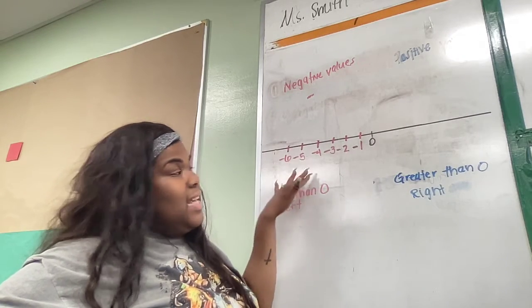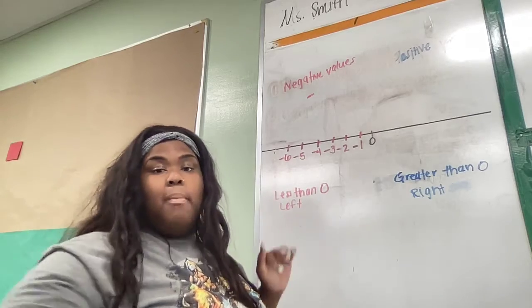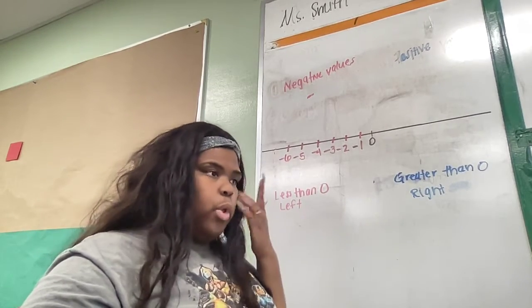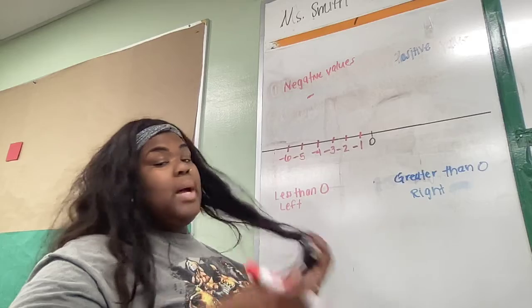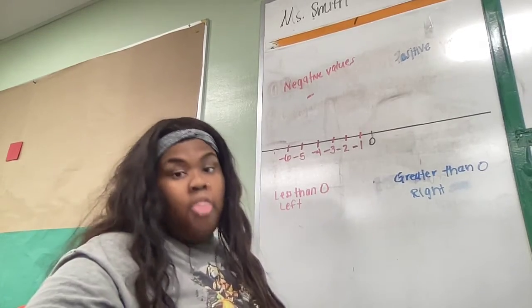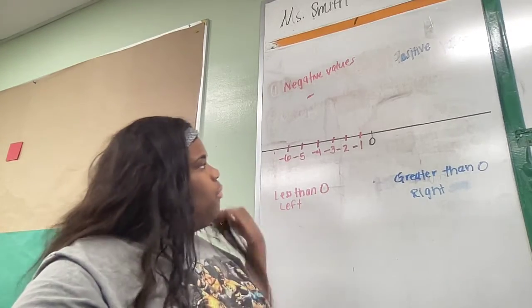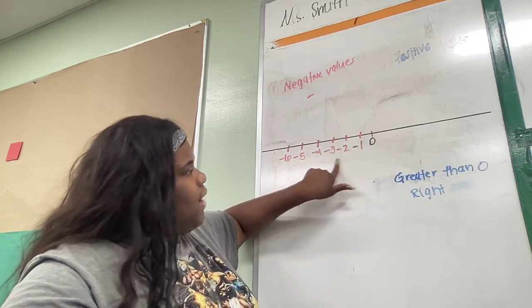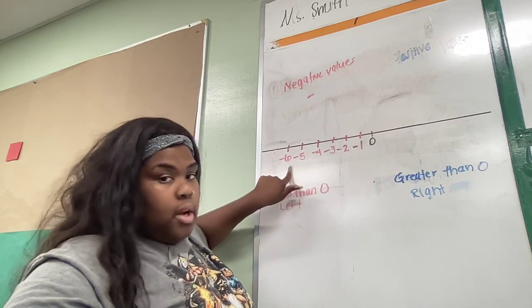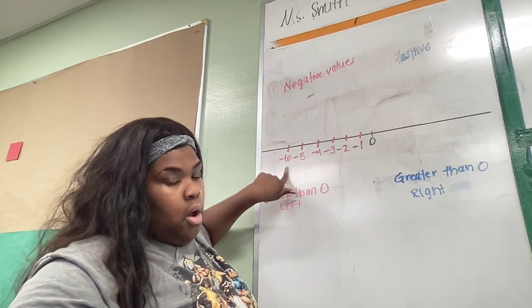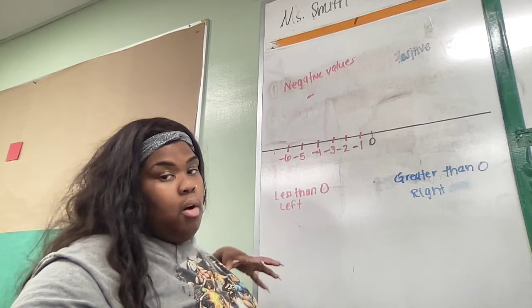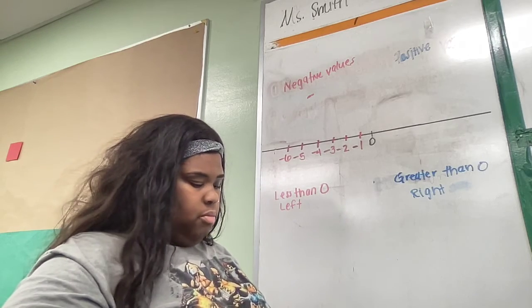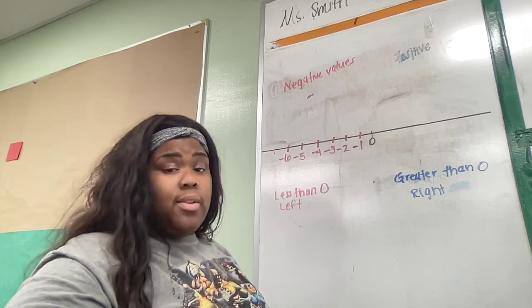So our debt is increasing, okay? So imagine owing money. When you owe money, the more money that you borrow, the more you'll owe. So this is a negative value. The larger the numbers are, the more you're owing, or the lesser the value.